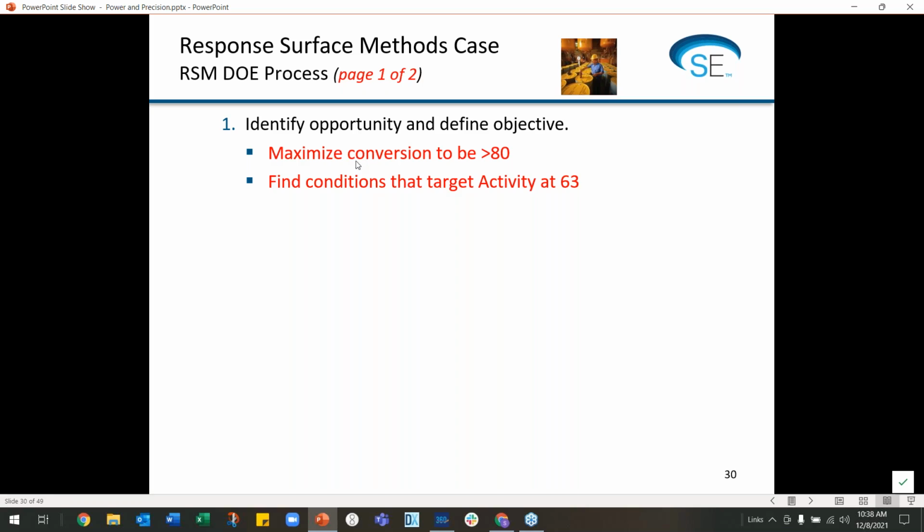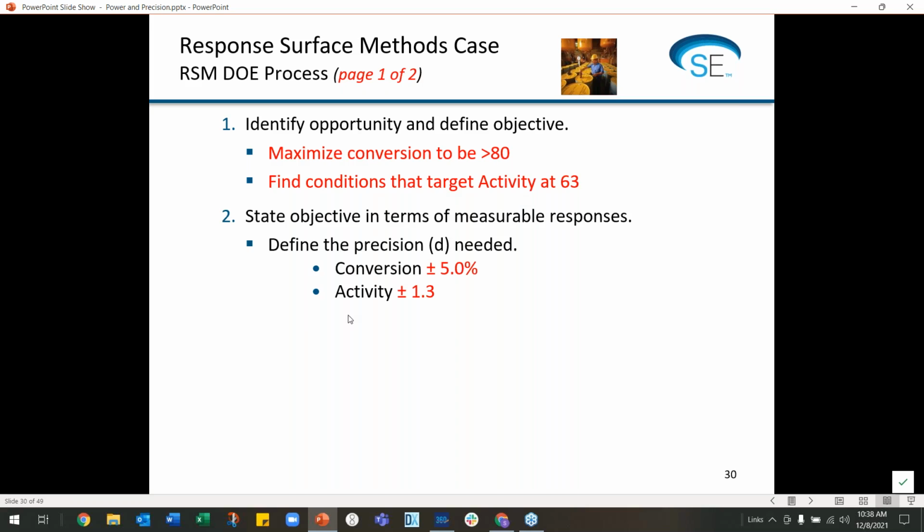We are trying to maximize the conversion. For that first response, we're trying to get a targeted activity level, 63. Then our DOE process is just like a factorial design, except that we are going to now define the precision needed.